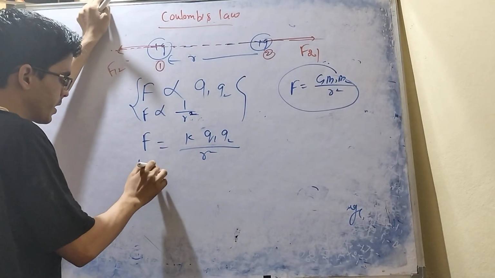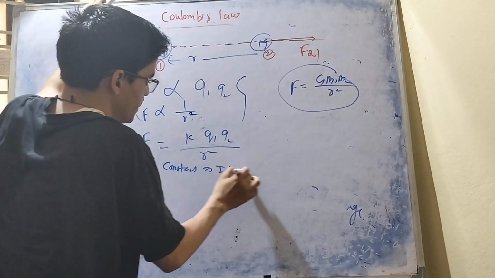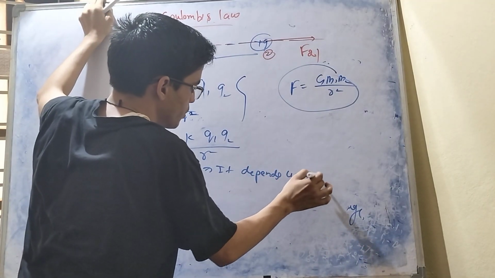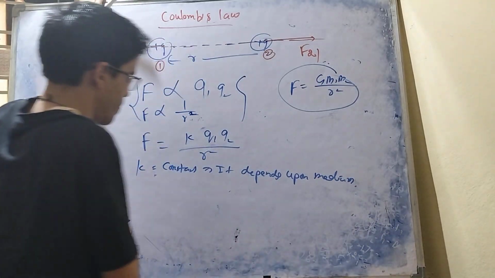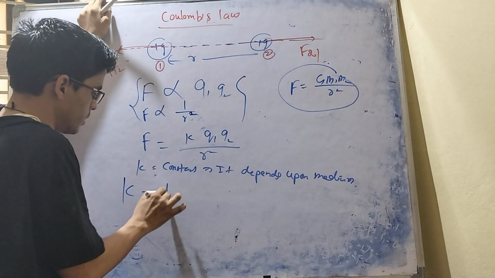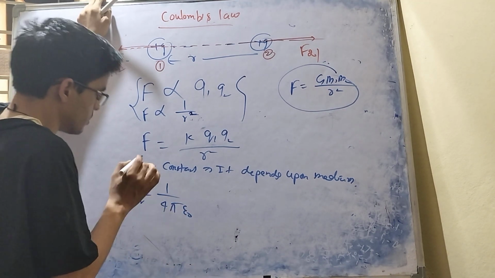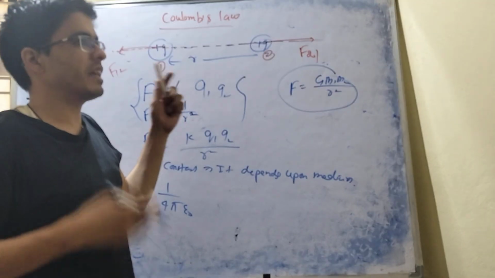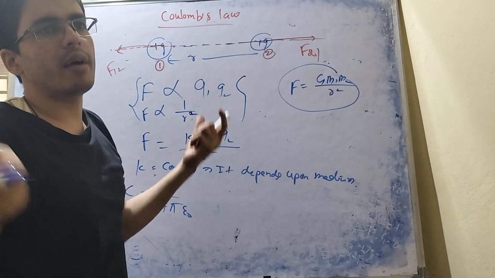Now what is K? K is called a constant and it depends on the medium, correct? The value of K equals 1 by 4 pi epsilon naught for air. Generally we do our experiments in air, which means I want to put these charges in air or in vacuum.